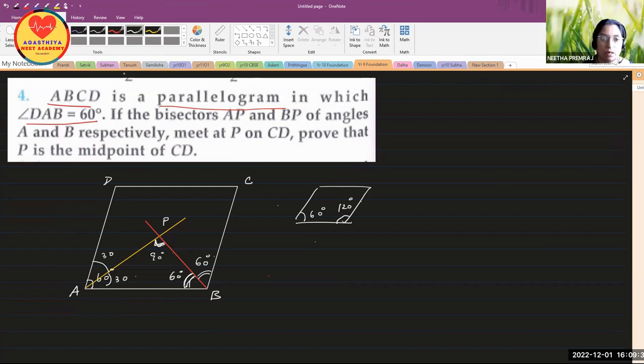Now, meet at P on CD. Oh, meet at P on CD. How come C? Where is C? Okay, the P falls on C, it seems. You have to draw that way, not this way. Wait, once again.